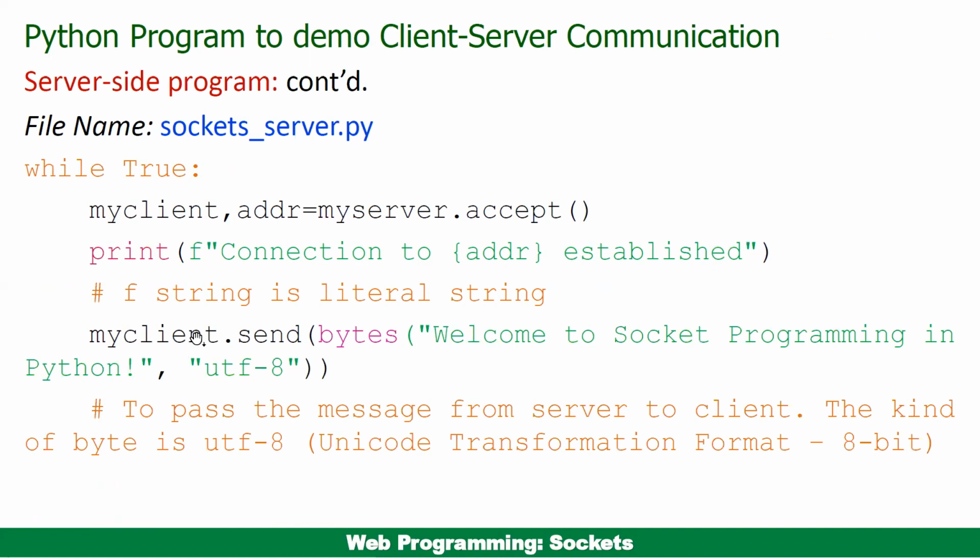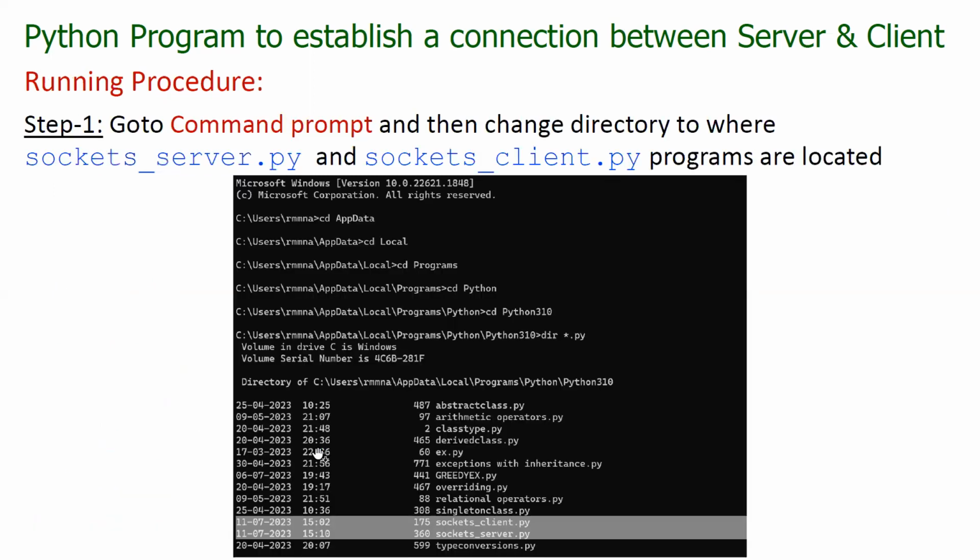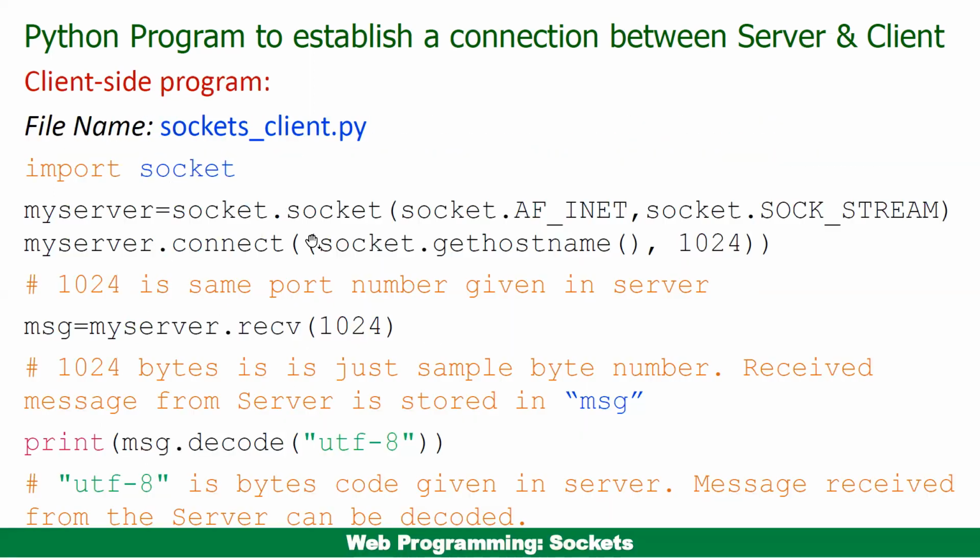Then the message you are sending to the client is welcome to socket programming in Python. So this information is available in the server program only. In the client program, you can see the message is simply received from the server and then decoded, message dot decode. But nothing is printed on the server side by the client.